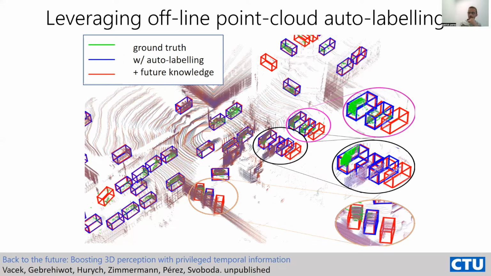And what we want is to train the best possible 3D object detector from the point clouds. And so what we do is to train first sort of a super model which can use the future, something that of course you don't have access to at runtime.